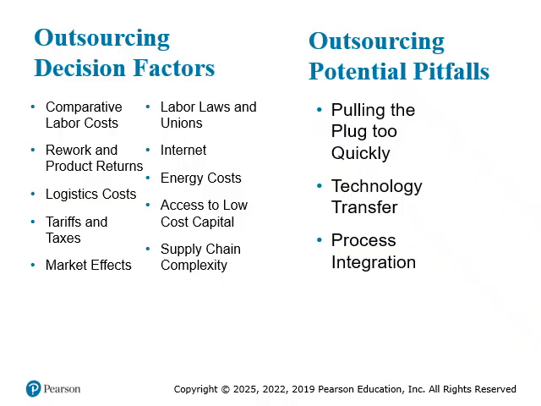Another potential pitfall is that oftentimes it's difficult to actually get a supplier to march in sync with your organization and your needs in the way that your own internal process was marching in sync.